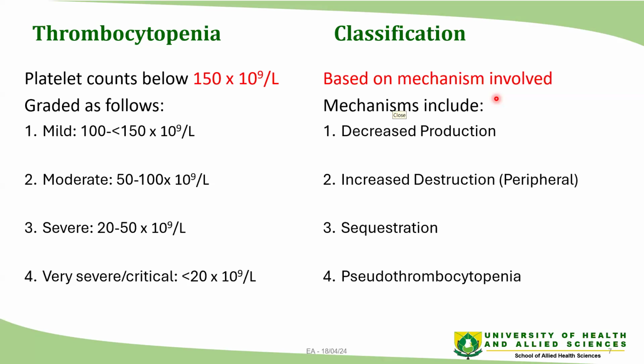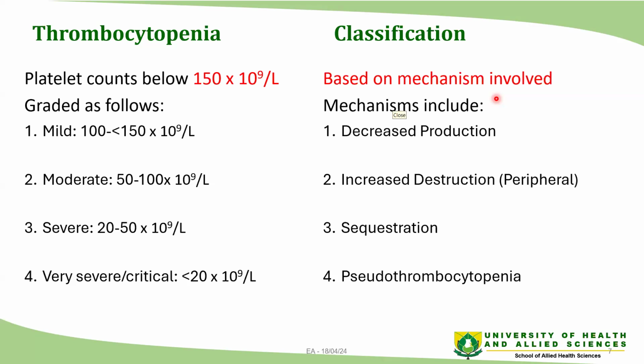Another is increased destruction. And usually the increased destruction, most of the time, is peripheral, as in it's increased destruction that is occurring outside the bone marrow, meaning that platelets are produced all right, but then when the platelets get outside the bone marrow, they may end up getting destroyed faster than expected.